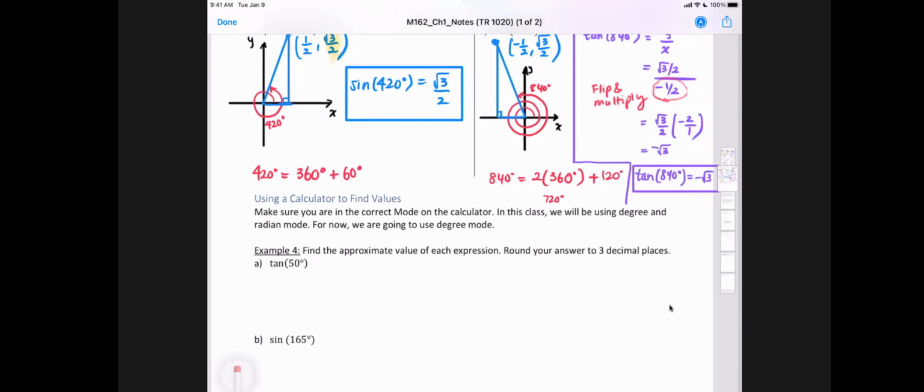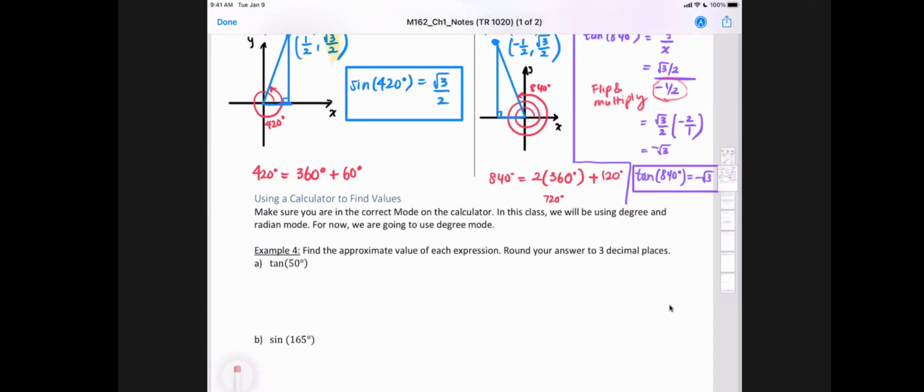On your calculator, there are two different modes: a degree mode and a radian mode. The calculator has to know exactly what the angle measure is in order to do the correct calculation. Think of feet versus inches, right? It has to know how this is being measured to do the correct calculation. And so those are the different modes on your calculator.